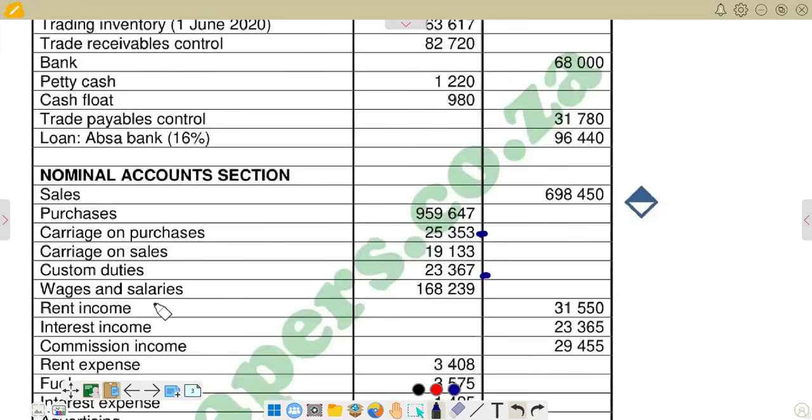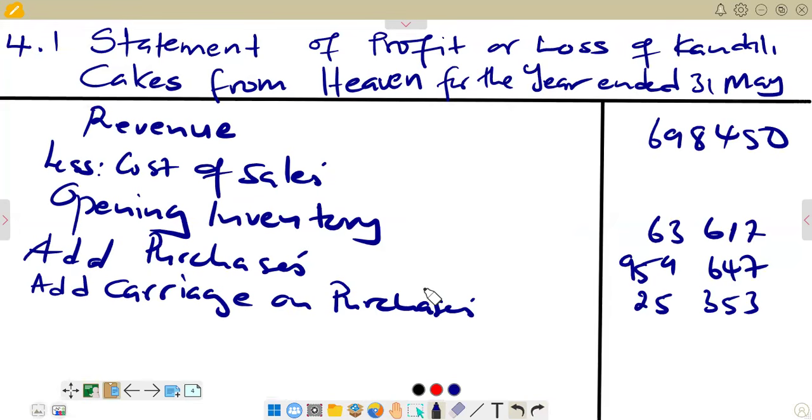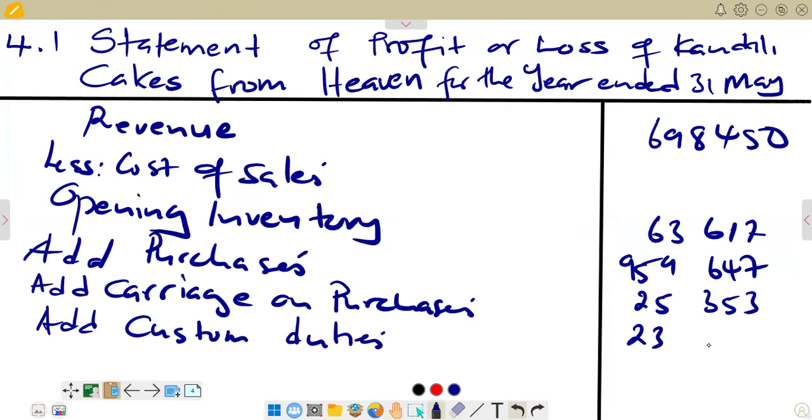And then for custom duties, we've got 23,367. Then you add again custom duties. The figure that we have is 23,367.